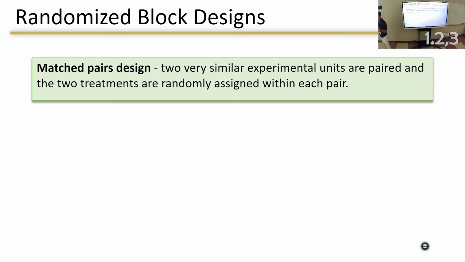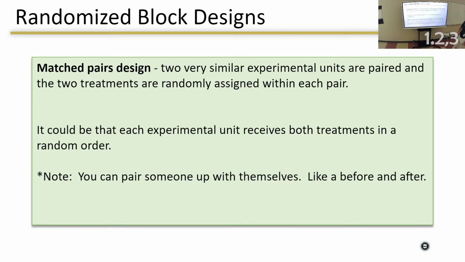Sometimes one gets one and one gets the other, and then they wait a while and then they flip-flop. Sometimes. But pair them up some way, some form. It's kind of like blocking them. You're just blocking them in really, really small parts. It could be that they receive both.